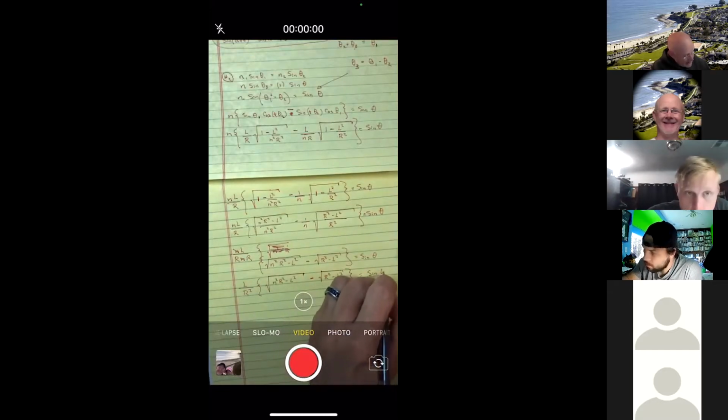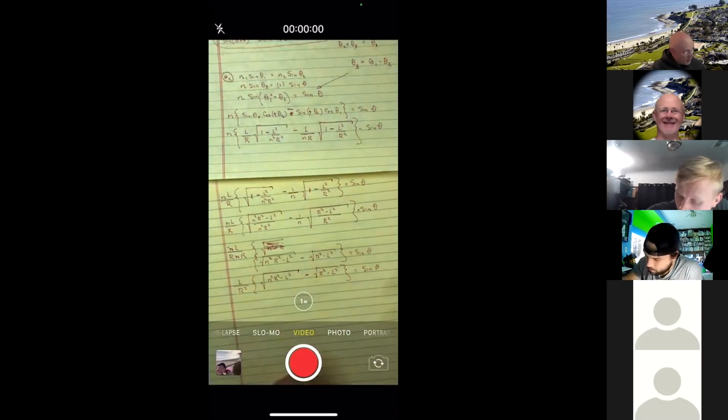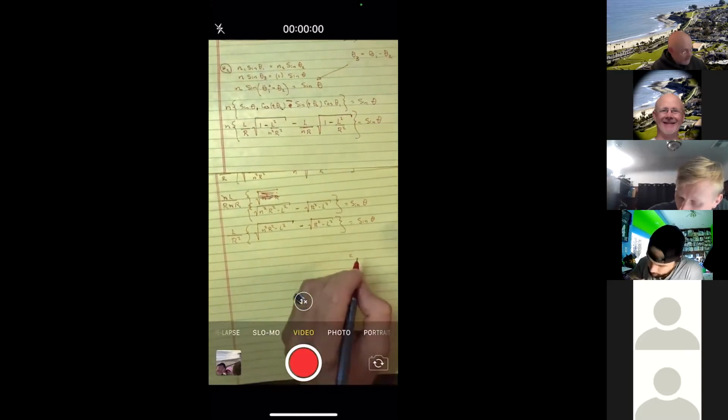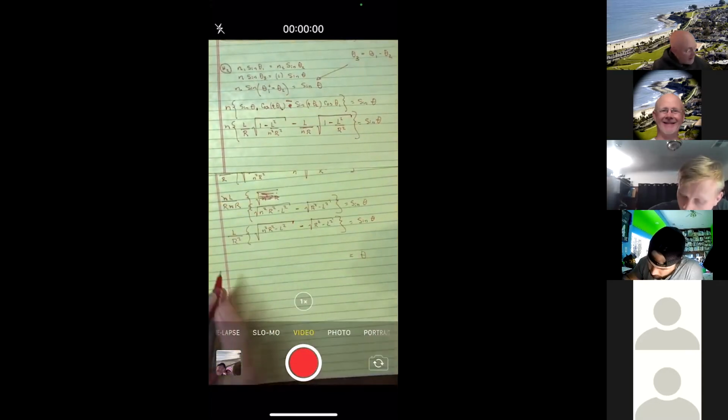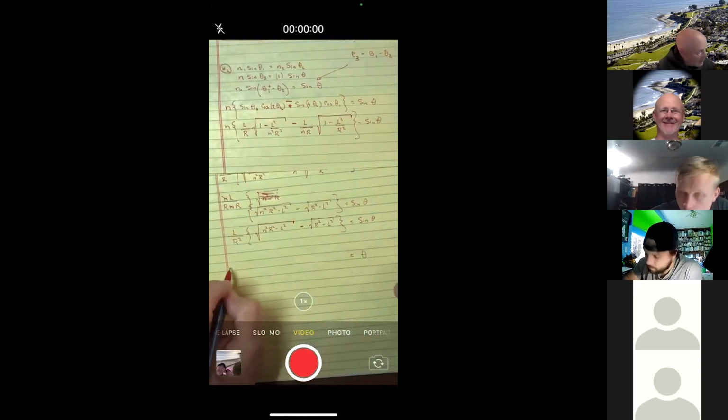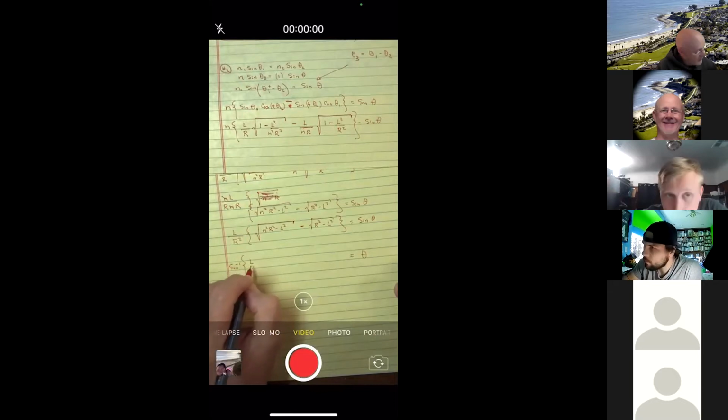And technically that's sine of theta. So I suppose one more step is officially needed here, where I take the inverse sine of both sides.